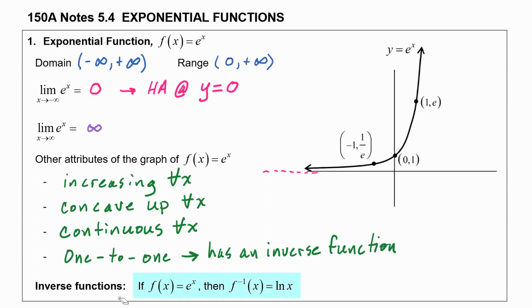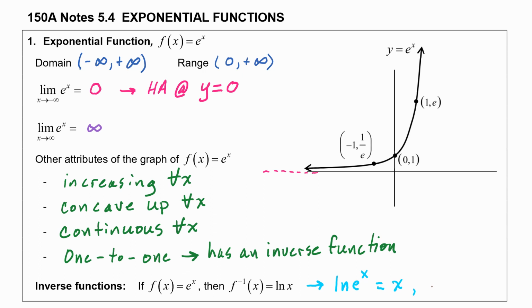If f of x is equal to e to the x, then f inverse of x is equal to natural log of x. So e to the x and natural log of x are inverse functions. So that means they undo each other. If we have e to the x and then we take the natural log of that, that's just going to equal x, because those two functions undo each other.